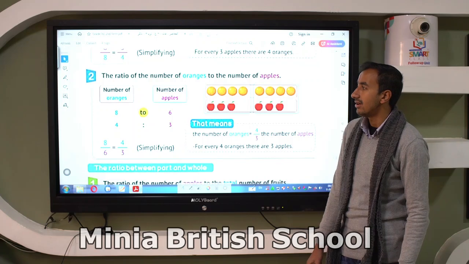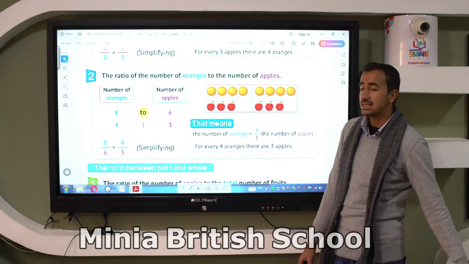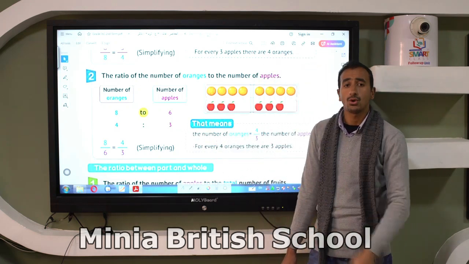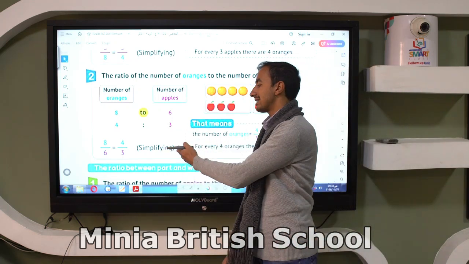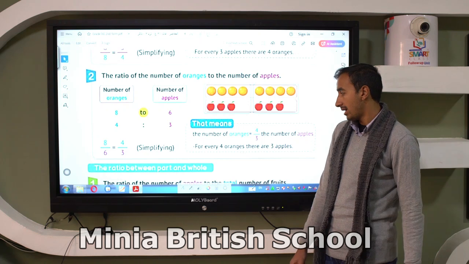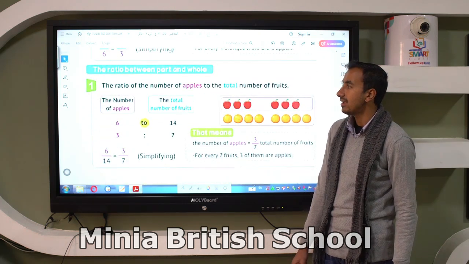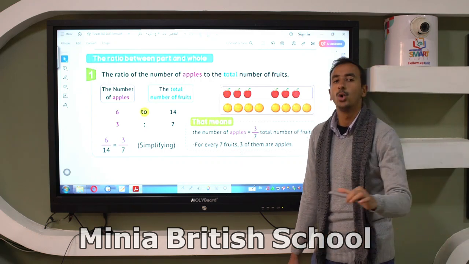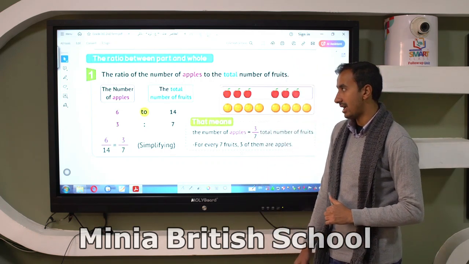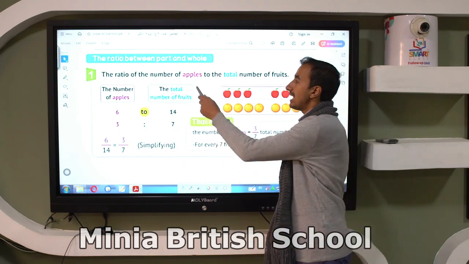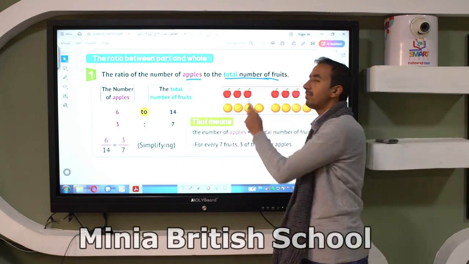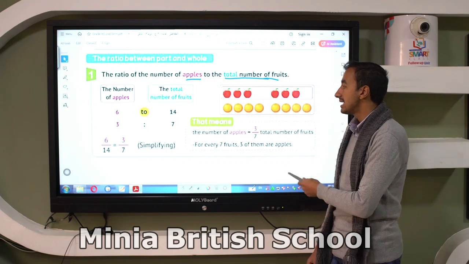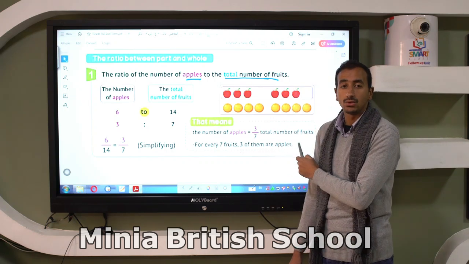Here we have the ratio between oranges and apples. I can say 8 to 6, or 4 to 3 in the simplest form. Now the ratio between a part and a whole, the second type. If we want the ratio between apples and the total number of fruits, the total is 6 plus 8, which is 14.